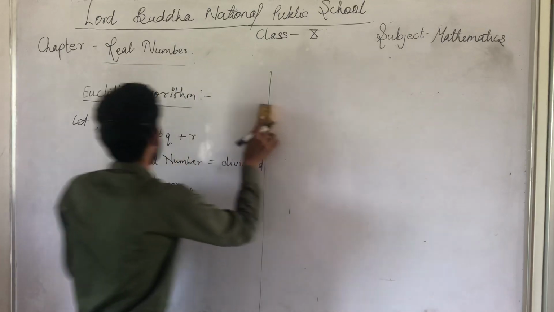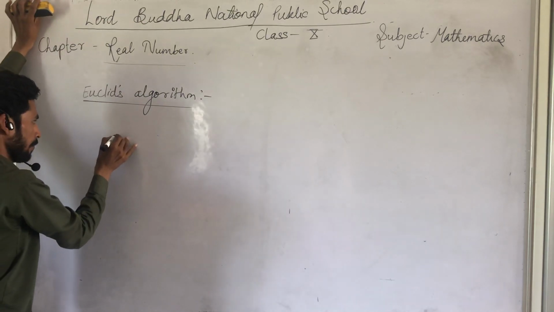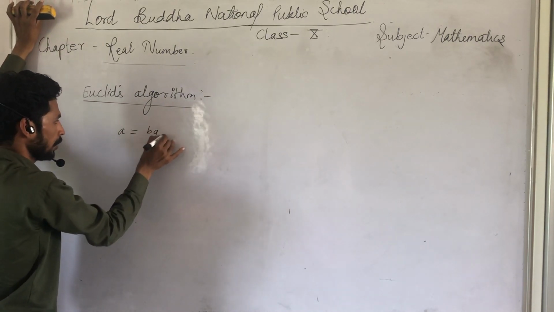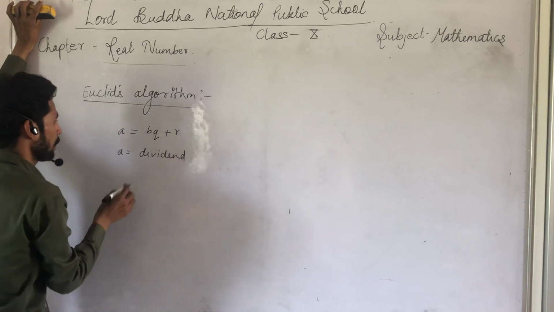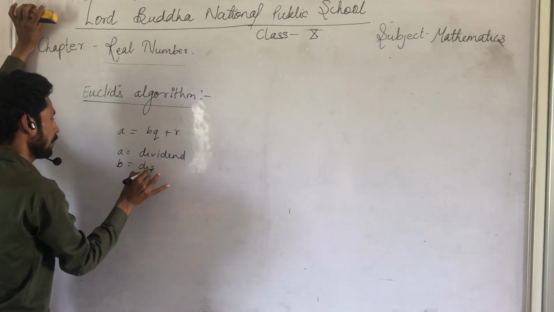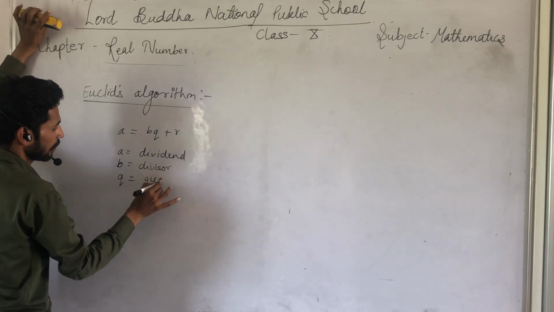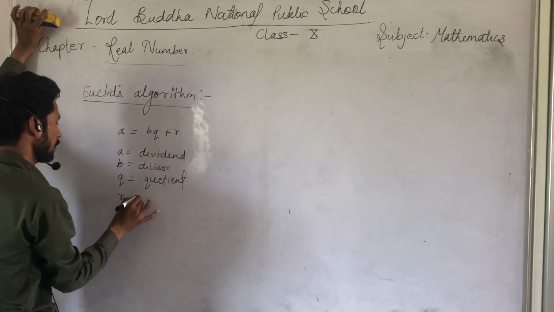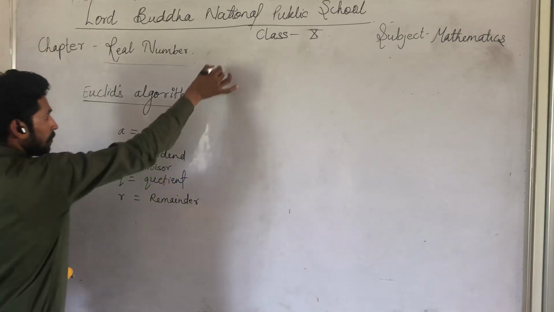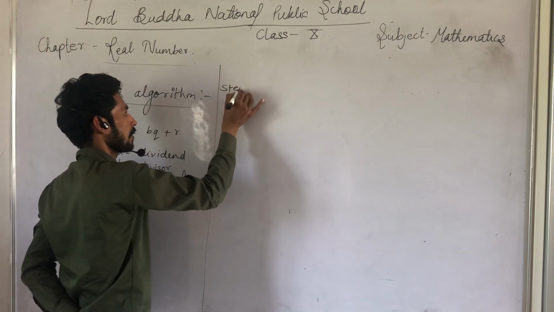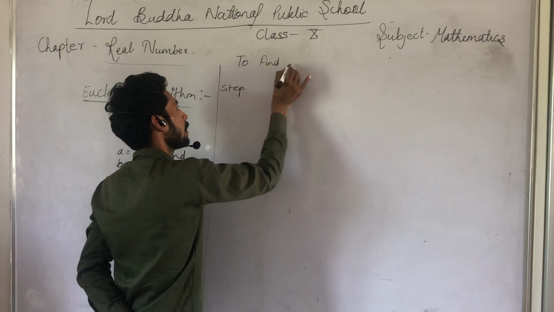Next, suppose a = bq + r, where a is the dividend, b is the divisor, q is the quotient, r is the remainder. Topic: to find HCF.